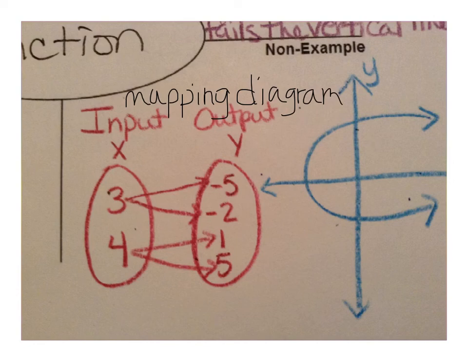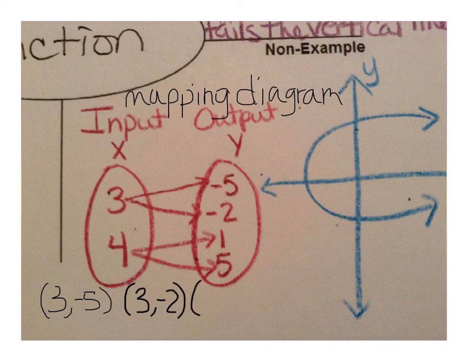So if I were to write the ordered pairs represented in this mapping diagram, I would write that one of the ordered pairs is 3, -5. I would write that another ordered pair is 3, -2. Another ordered pair is 4, 1.